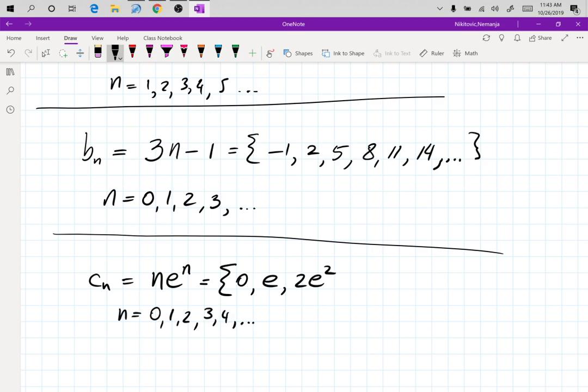Good. I know, right? 3e cubed. 4e to the 4th. Going on to infinity. Awesome, right? Woohoo!